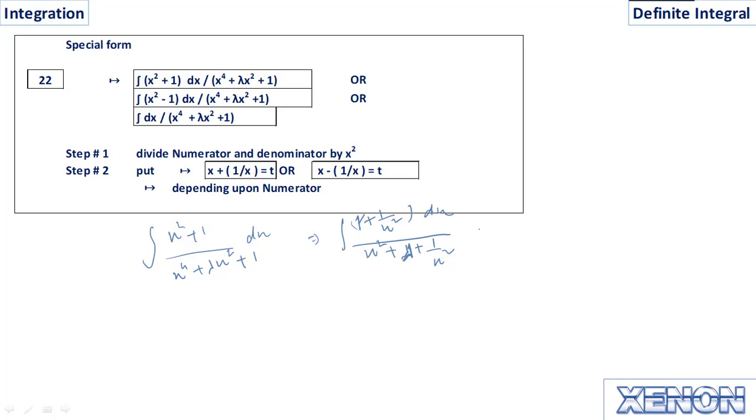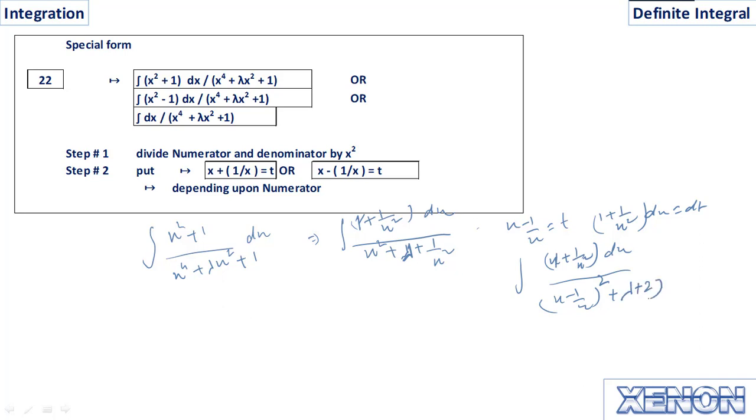Right. So here we will be putting (x minus 1)/x equals t, then we will get (1 plus 1/x²) dx equals dt. We will convert this to (1 plus 1/x²) dx divided by ((x minus 1)/x) whole square plus lambda plus 2, right?